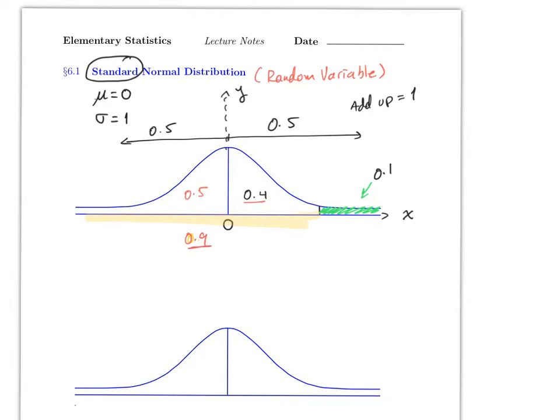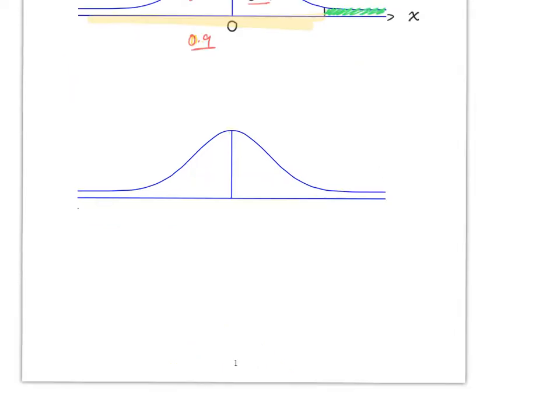Okay. First, I'm going to show you how to find this using the table, which will be provided in Canvas. And then I will also show you how to do this in a calculator, but you need to have a TI-83 or 84 to do that. Before I show you the table, I'm going to divide this into 3 colors, and that's going to make finding probabilities pretty easy.